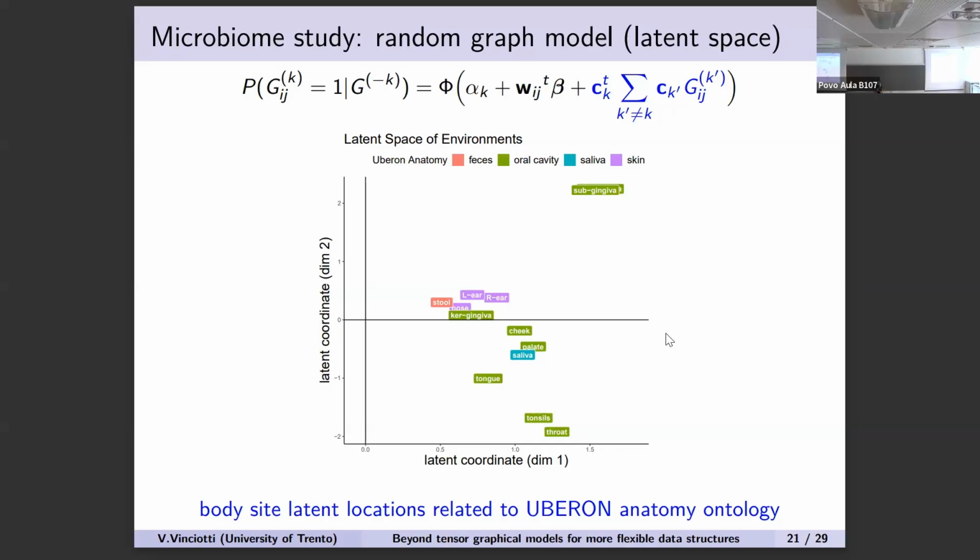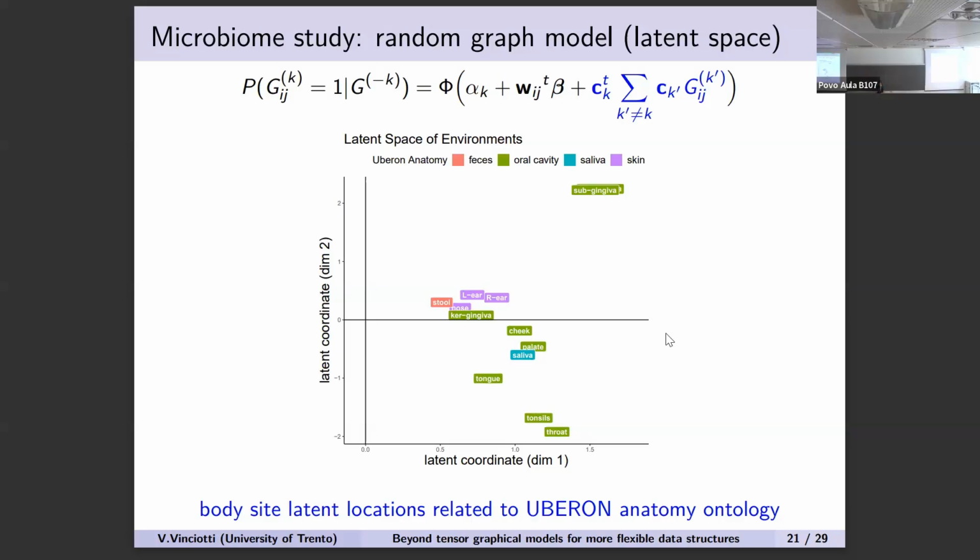So indeed, this is what the procedure, the statistical inference, seems to find out. Throat and tonsil, also in the mouth, also have similar networks, but actually different from this one. I also put some colors to, they call it Oberon anatomy, so the actual location of the body site. So, for example, left and right ear are close to each other.